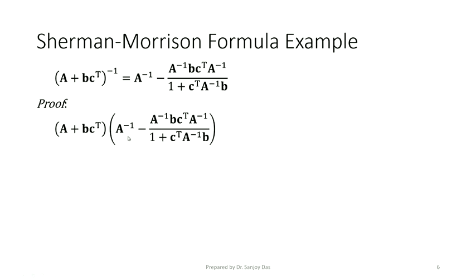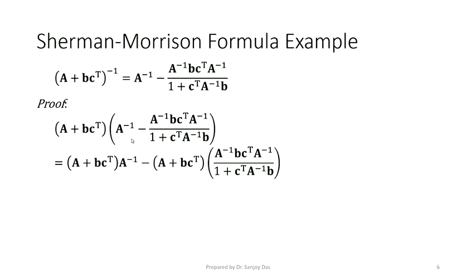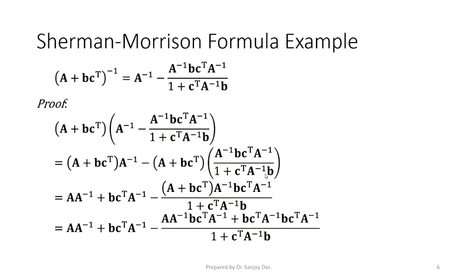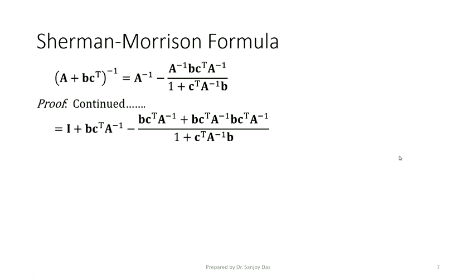Anyway, so we have this. Now let's open up this side. So we have A plus BC transpose times A inverse, negative, this times this, which is equal to this. So I got this here. I open up this, and this is what I get. Okay, so now let's go to the next slide.